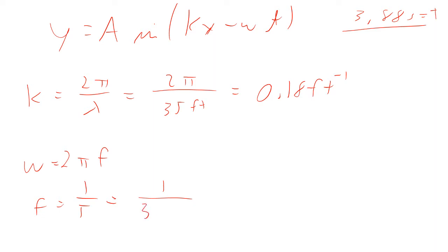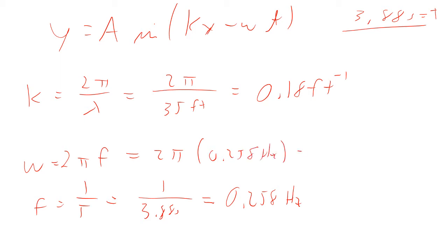So 1 divided by 3.88 seconds would be equal to 0.258 hertz. You plug that in here, 2 pi times 0.258 hertz, and that comes out to be equal to 1.62 hertz. And the amplitude up and down was 4.75.